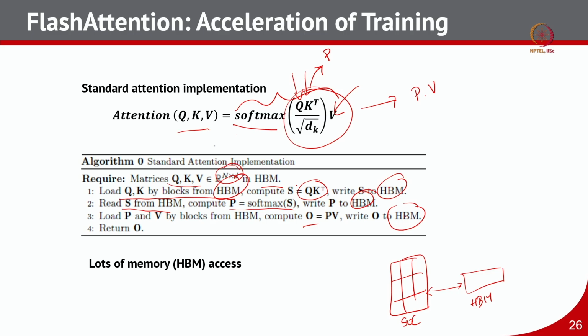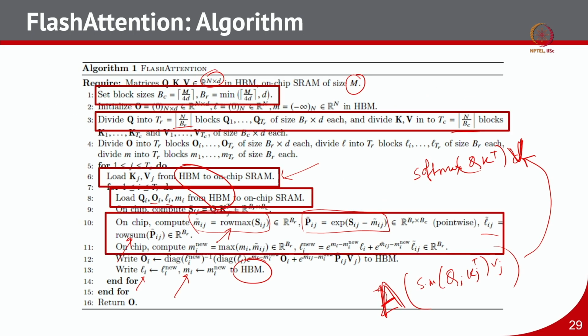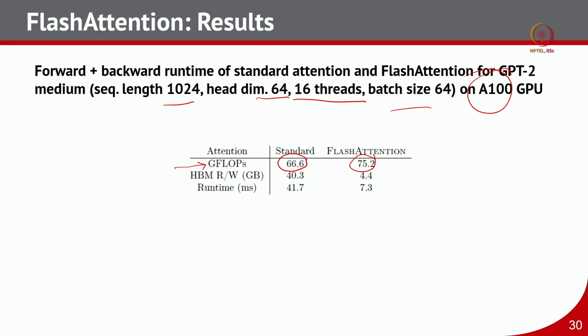So as a result, the HBM read write in terms of GB is very low in FlashAttention. Standard attention needed 40.3 GB of HBM read write, whereas FlashAttention needs only 4.4 GB. Since they are reducing the HBM access by almost 9 or 10 times, there is a huge improvement in runtime. From 41.7, they improved the runtime to 7.3, which is a 5 to 6 times improvement.